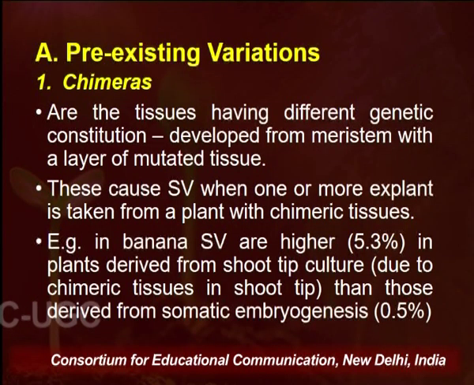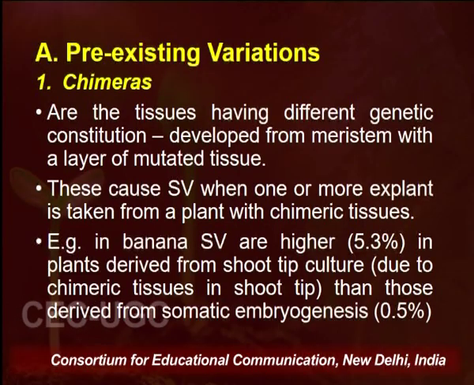So coming to the pre-existing variations, the first one as we discussed is chimeras. As I told you, these are tissues having different genetic constitution, and they are developed from meristem with a layer of mutated tissue. When we talk about a layer of mutated tissue, it means there might be a layer of cells which have a different genetic makeup in comparison to the cells of the other layers.